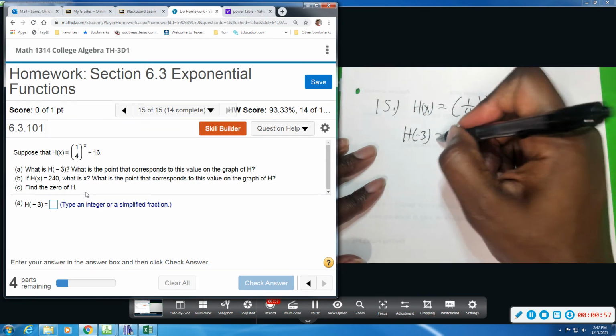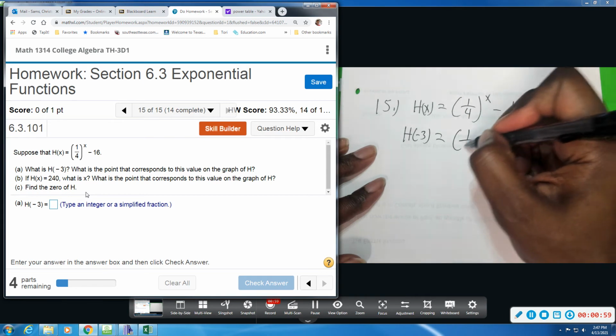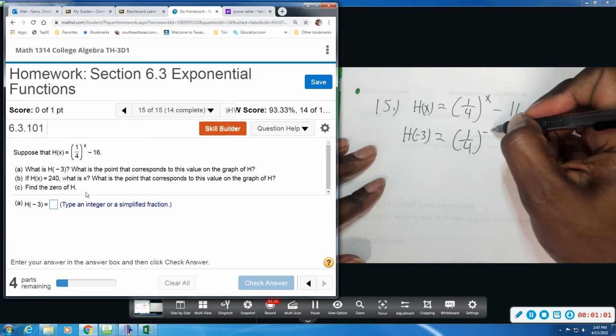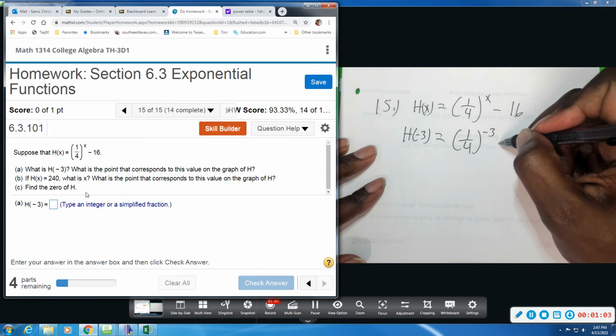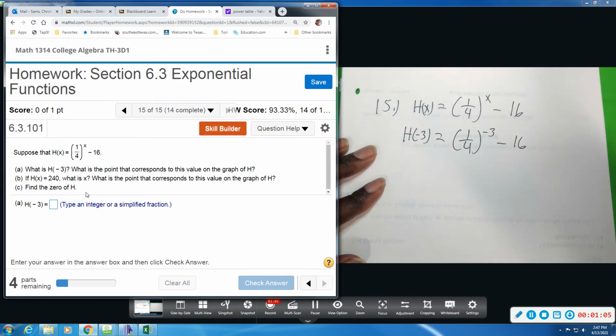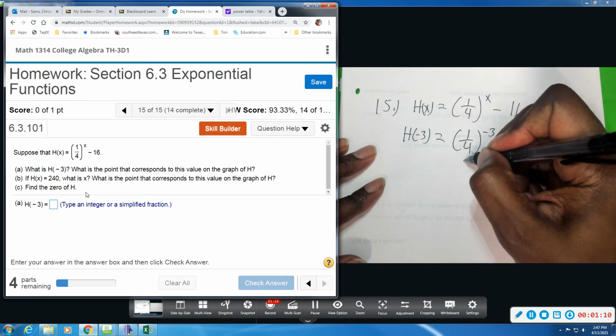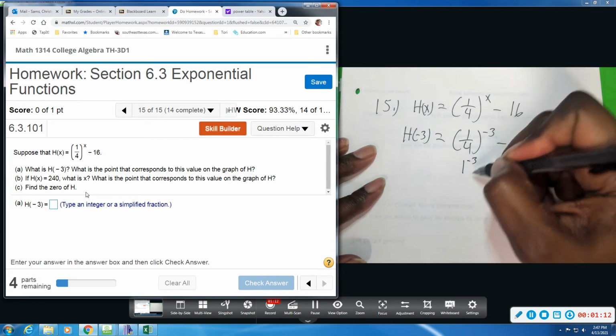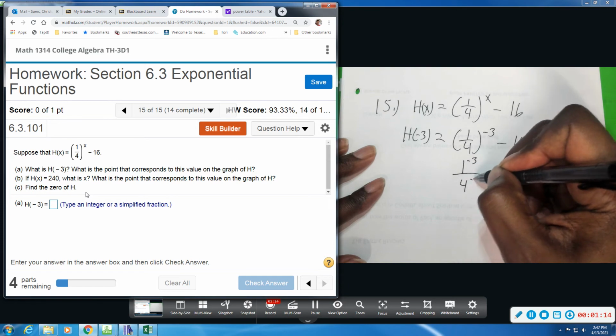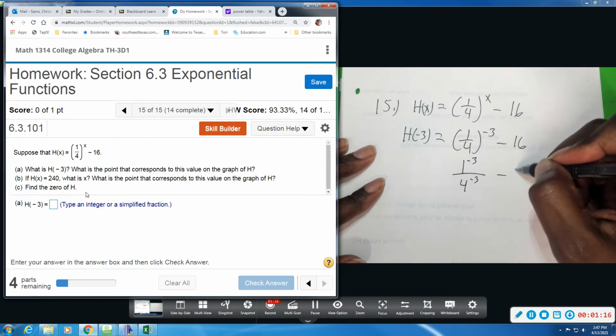So when you plug in -3, we're going to have (1/4) raised to the -3 power minus 16. What this means is both these terms are getting a -3 exponent: 1 to the -3rd and 4 to the -3rd, and then minus 16.